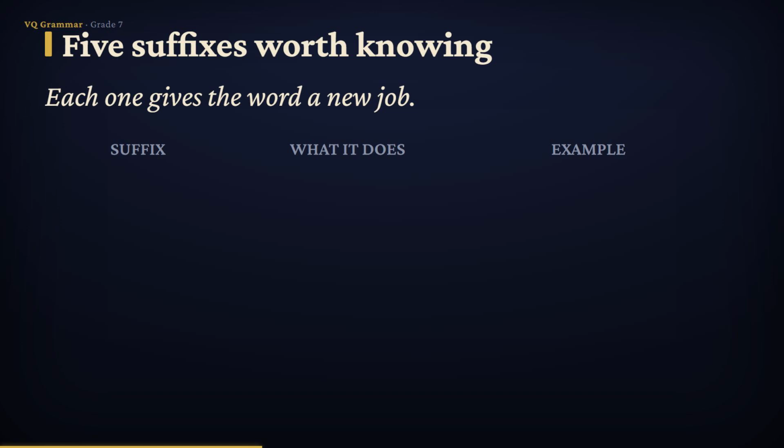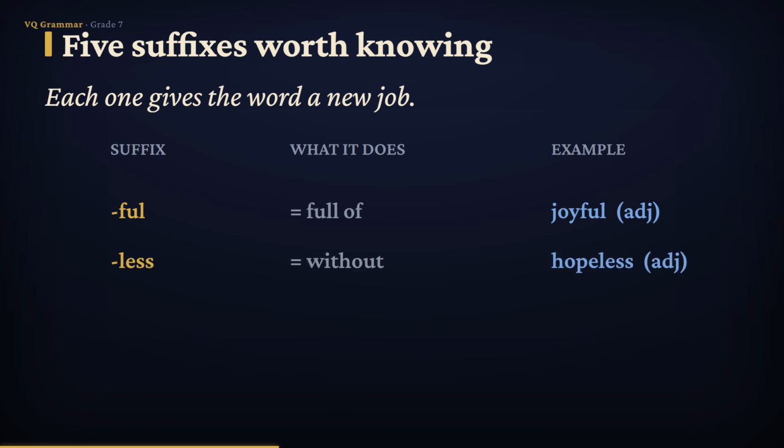Here are 5 suffixes you'll use constantly. The suffix ful means full of, so joyful means full of joy, and it makes an adjective. The suffix less means without, so hopeless means without hope, also an adjective. The suffix ly usually builds an adverb, a word that tells how, like quickly.